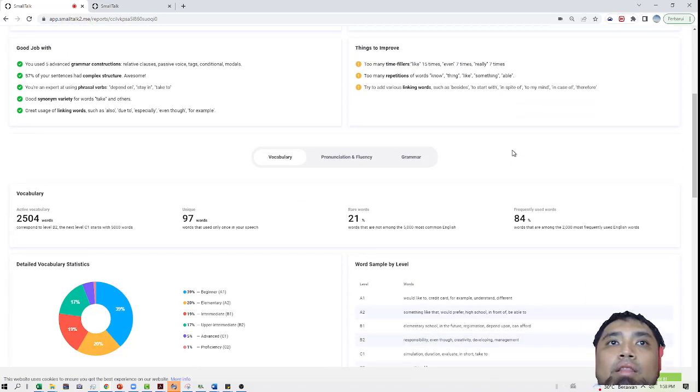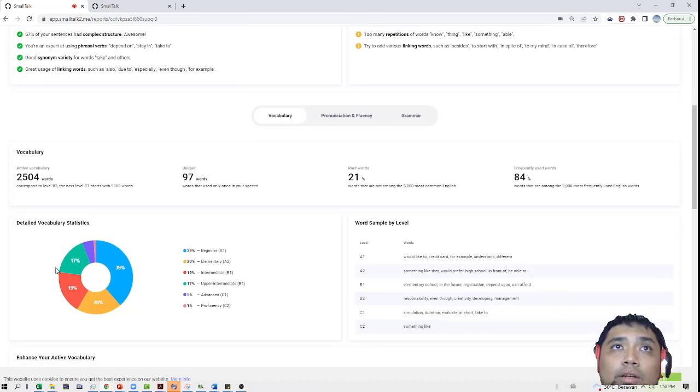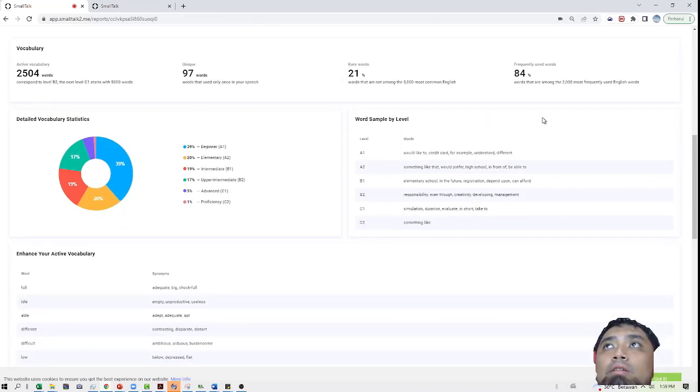Nah, di sini kita bisa melihat tingkat vocabulary yang saya gunakan. Ya, ada 39% menggunakan kata-kata beginner, 20% elementary, dan seterusnya. Ada menggunakan advanced 5%, dan proficiency atau C2 1%. Oke, jadi rate untuk penggunaan vocabulary-nya seperti ini. Di sini juga ada kira-kira jumlah vocabulary yang digunakan. Oke, terus ya kayak di mana sih kata-kata yang saya gunakan?